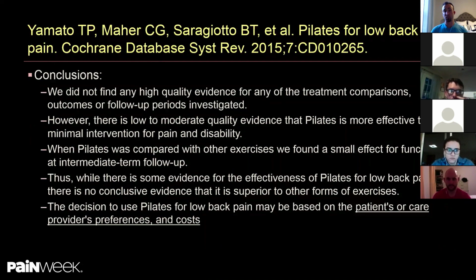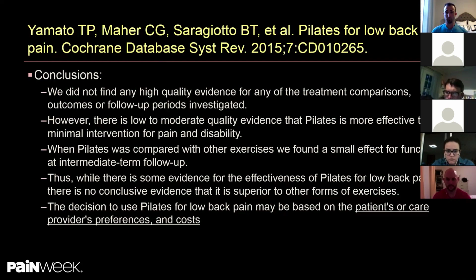There's some effectiveness for the evidence of Pilates, but it doesn't seem to be more effective than other forms of exercise. And I underline the last sentence because I think this is the most important sentence in the entire systematic review. The decision to use Pilates for low back pain may be based on the patient's or care provider's preferences and the cost associated with the usage of Pilates.